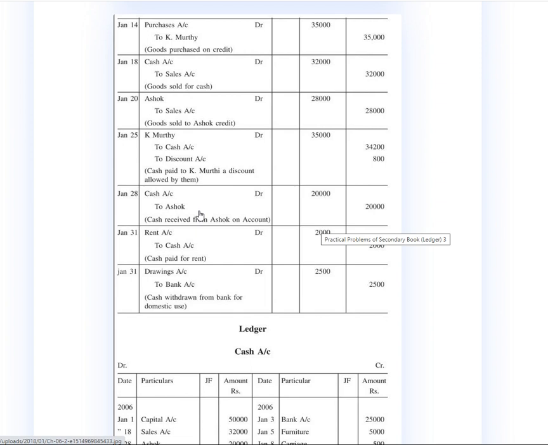It is reducing, that's why we have credited here. If a current asset is increasing, we should debit it. If it is decreasing, we should credit it. Why is it decreasing? Because he has paid the 20,000 amount to us. The remaining 8,000 is pending, but still he has paid us 20,000. So that is the entry for this.